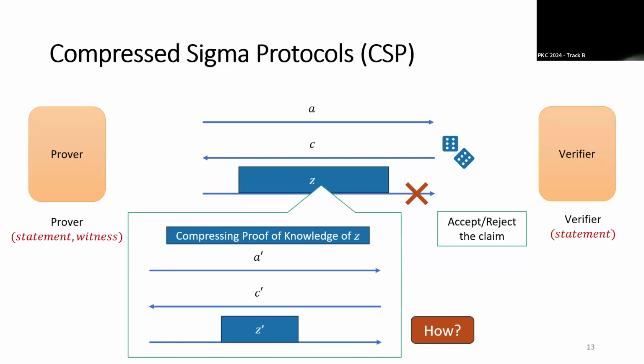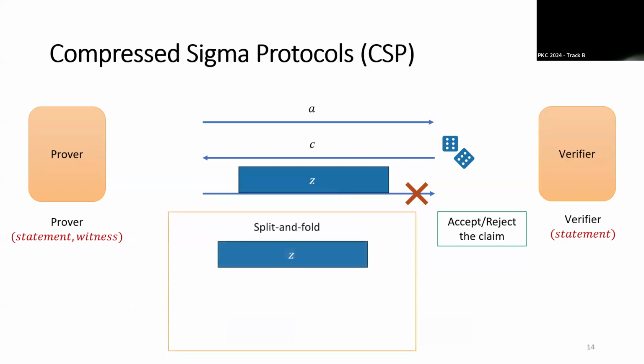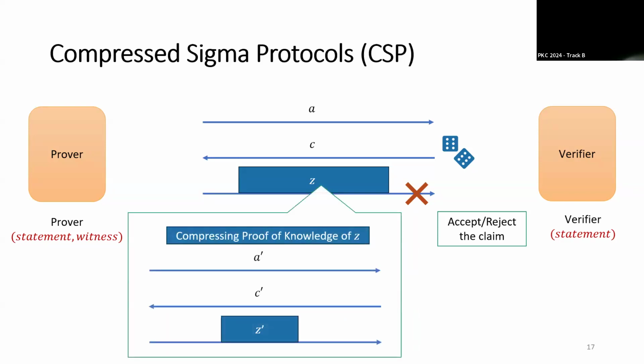Now the question is, how do we compress it? Because this is also a proof of knowledge, like what we saw before, the Sigma protocol, but we want a compressing proof of knowledge instead. So they use the split and fold technique. You just split the vector into two parts, and then you take a random linear combination using the verifier's challenge, c'. So this is how the last message of the compressing proof of knowledge is found.